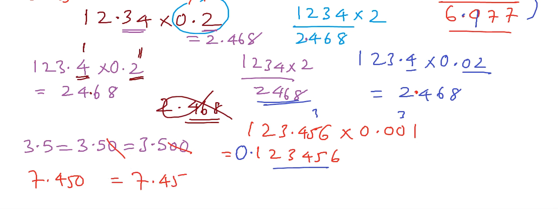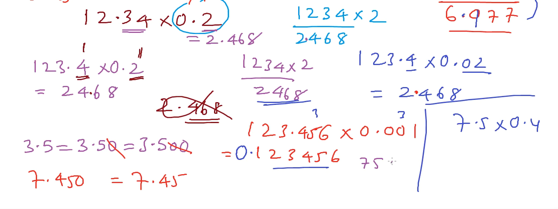Okay, for example, let's take the numbers 7.5 into 0.4. So how to multiply? As we saw, we just have to multiply without the decimal point. Once you remove the decimal point from 7.5, it becomes 75.